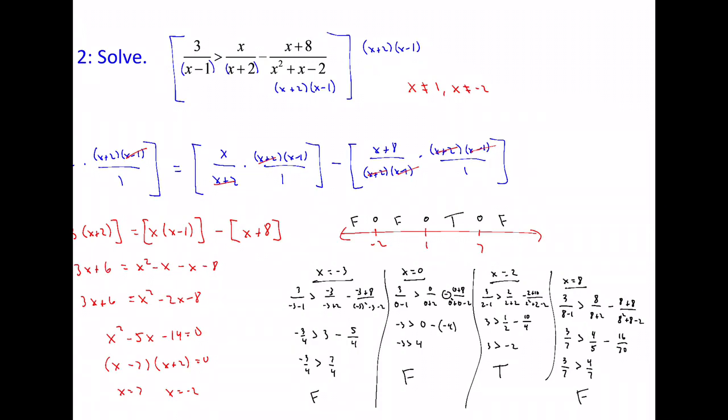Our restrictions never have closed circles. The solutions do sometimes, but that's if it's equal to, greater than or equal to, or less than or equal to. So it looks like what we have is everything in between 1 and 7, but not including 1 and 7. So our final answer, after all that work, is all x values between 1 and 7, parentheses on the 1 and the 7.